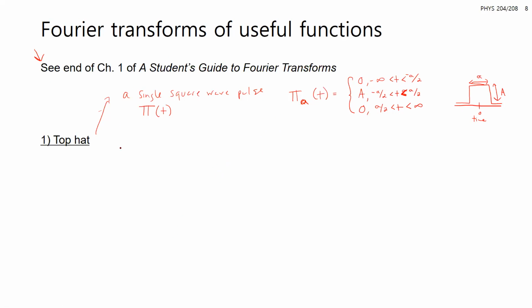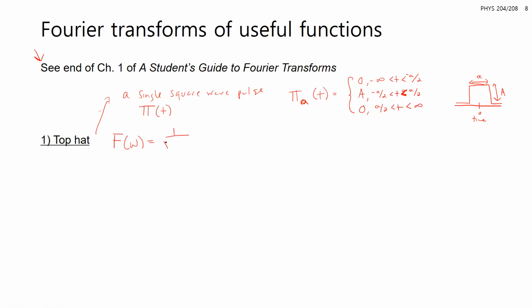So we want to determine what the Fourier transform is if we take this signal in time and we want to understand what it looks like in the frequency domain. So we're going to use Fourier's hypothesis that we wrote out, the definition of the Fourier transform from a couple slides ago. So what are the components in the frequency domain?